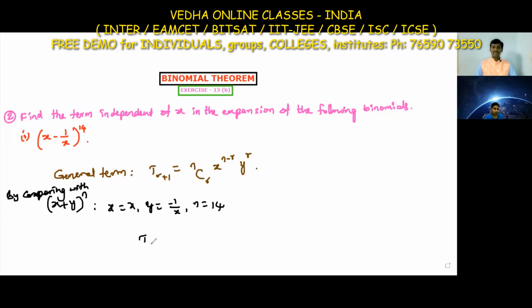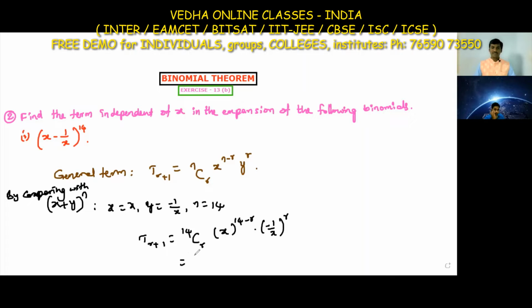Now I am finding the general term T(r+1) equals 14Cr. Here we don't know the value of r. x to the power n minus r, that is n is equal to 14, so 14 minus r, into y, y is minus 1 by x, power r. We write it as it is.